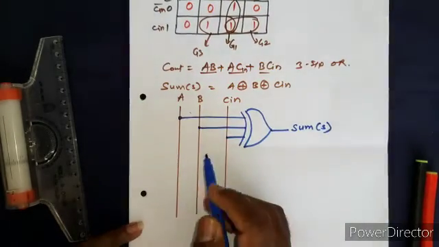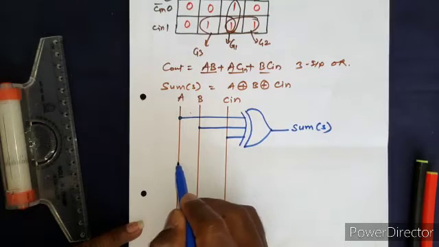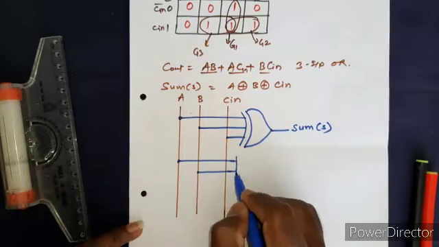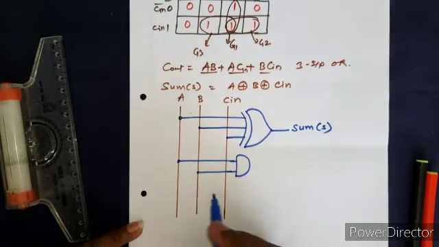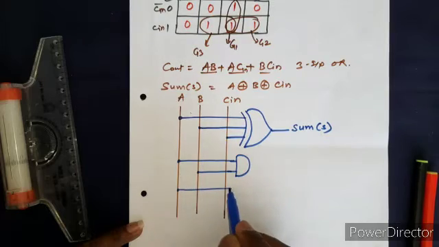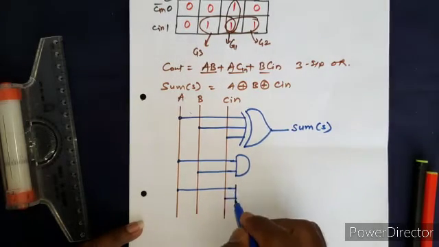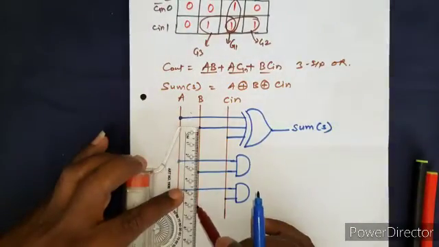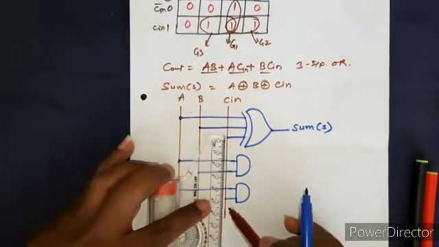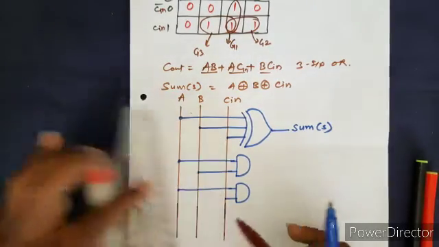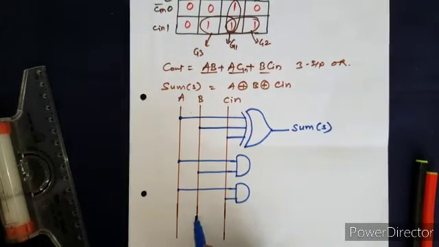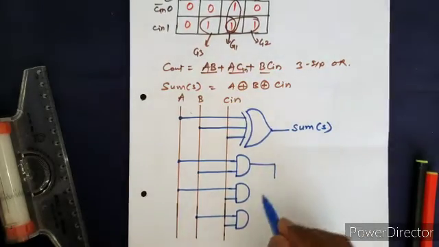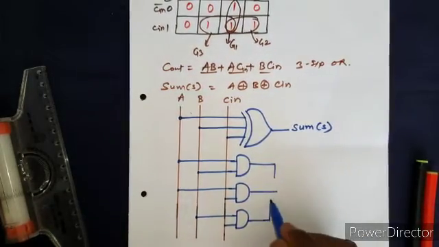And for carry out, it is A, B, both are ANDed. Then we have A, C, again both are ANDed. Okay, I just need to extend this line. And this is B, C in, again both are ANDed, and all these three are ORed with each other.